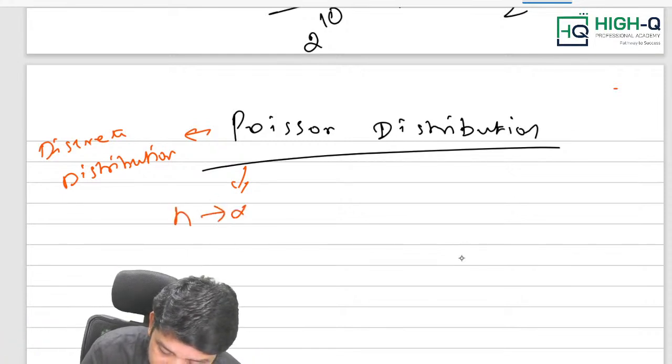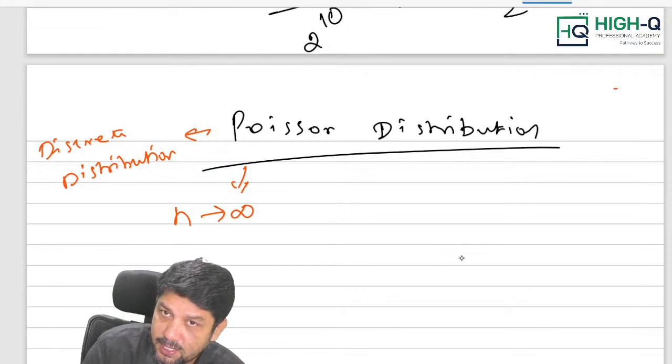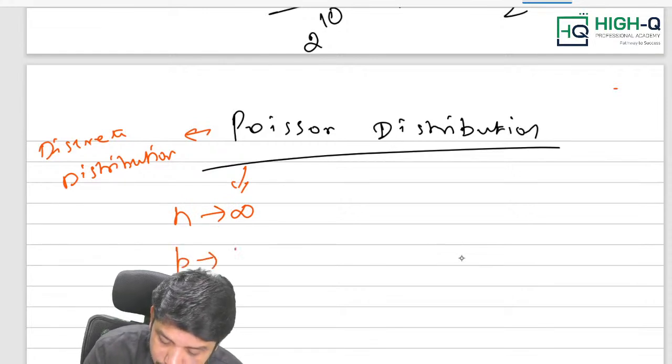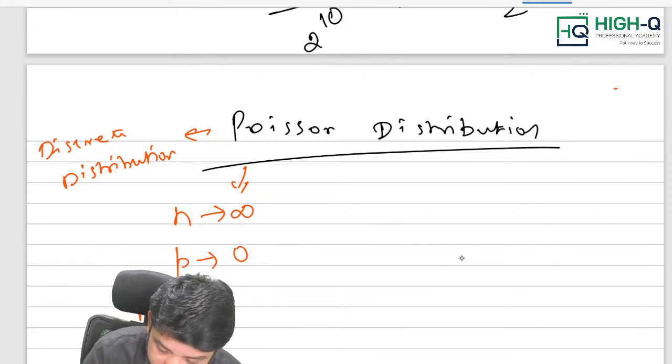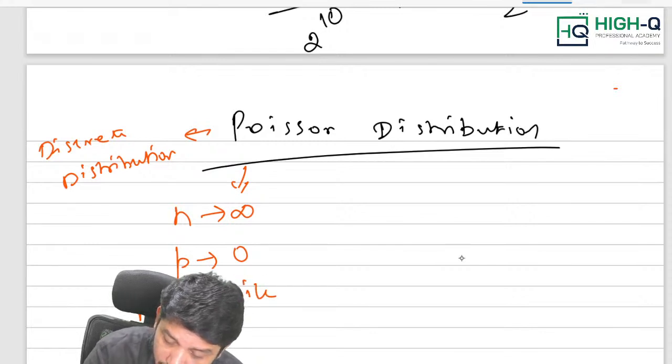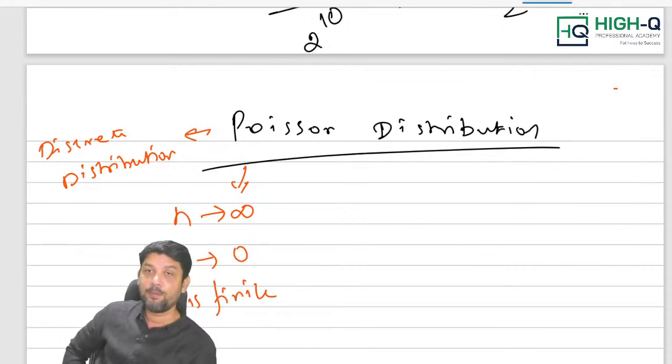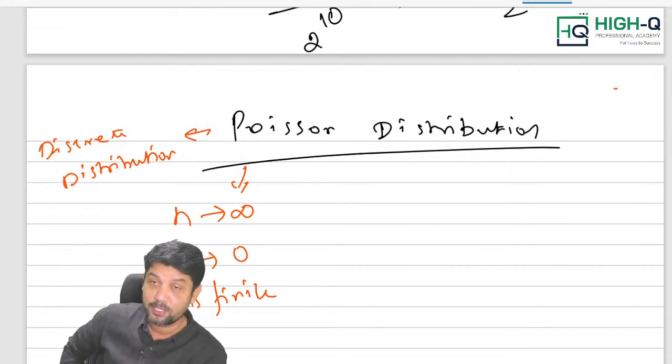That is, n tends to infinity, p tends to 0, the probability of success is very small, but np is finite. So when this is possible, we have to use Poisson distribution.